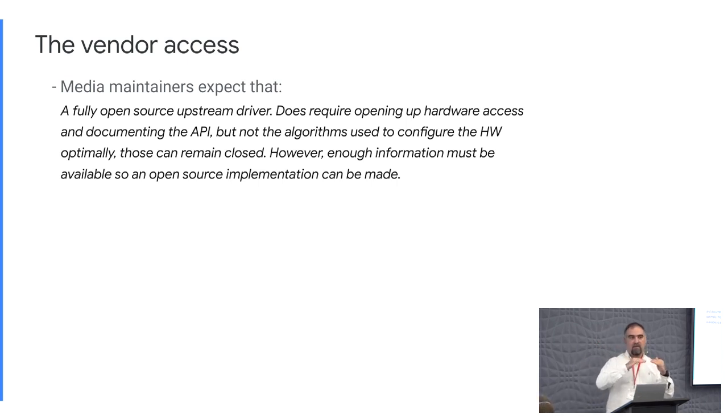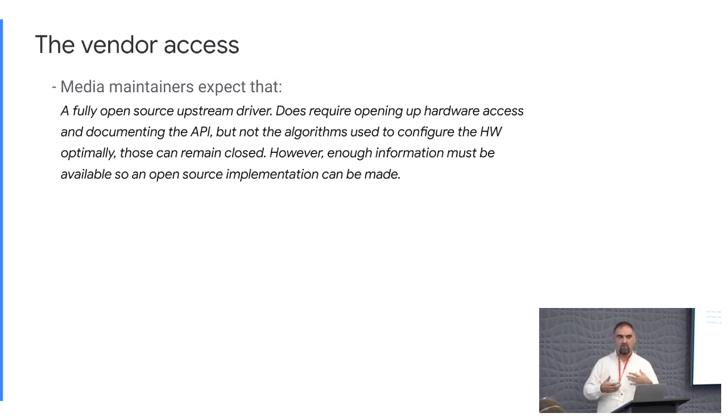They want the same API for every single hardware, and they don't want vendors to access their hardware with different APIs. So today, Video for Linux is built around the idea that we can always compete with vendors if we have enough time.